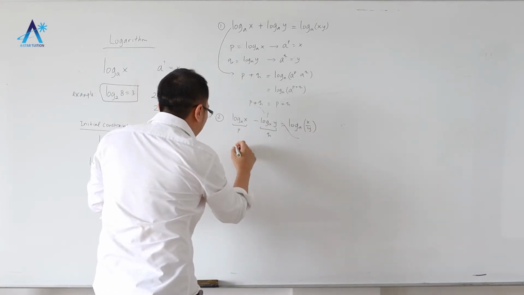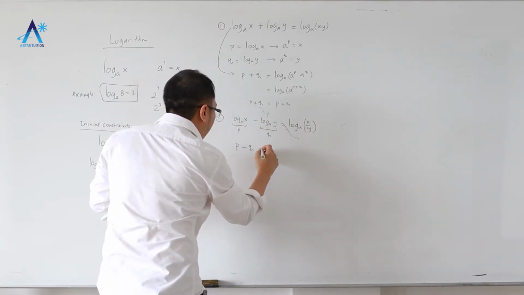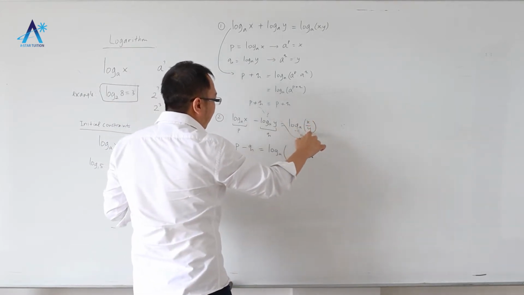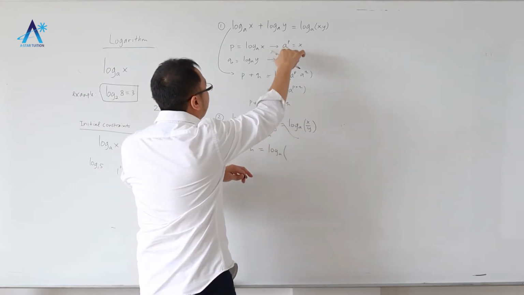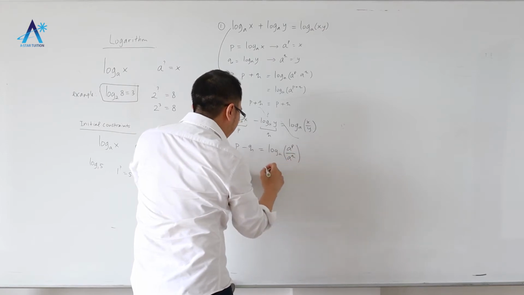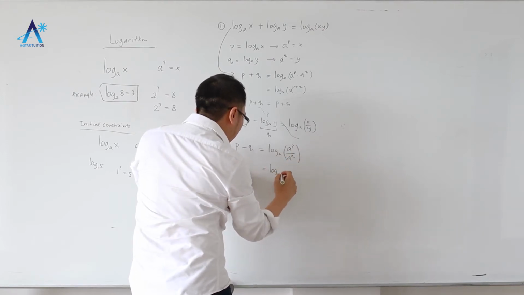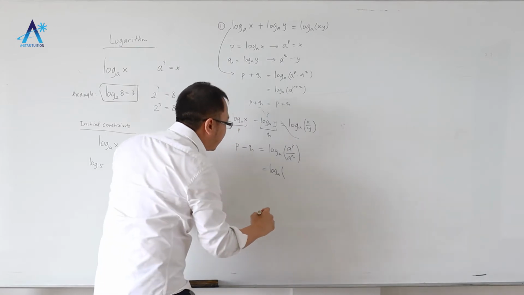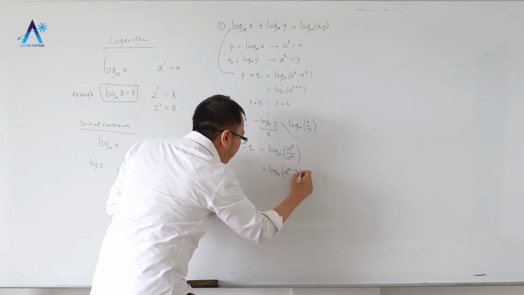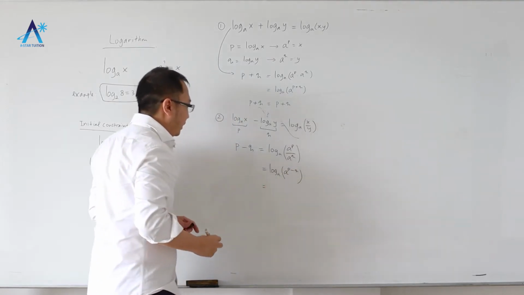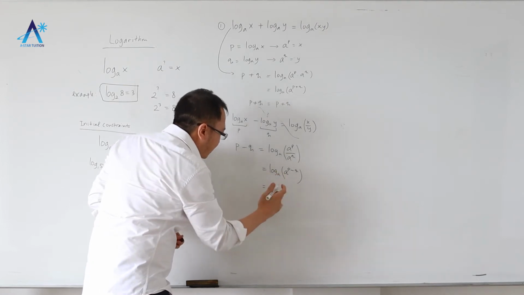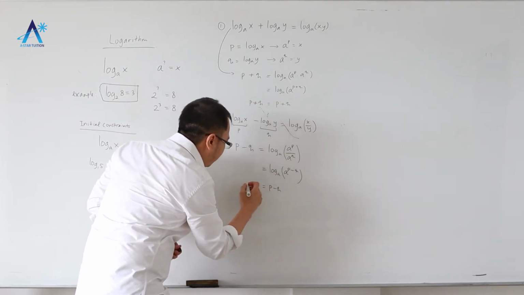So on the left hand side we have p minus q, while on the right hand side we have log base a of x over y, which is a to the power p divided by a to the power q. This is equal to log base a of a to the power p minus q. And hence a to the power what equal to this? The answer is p minus q.